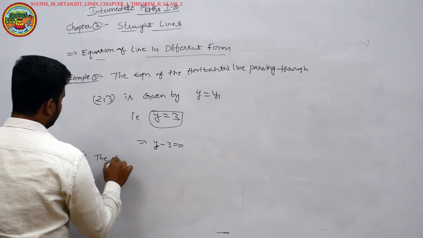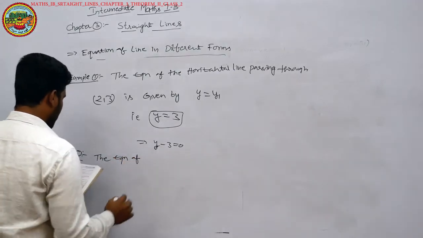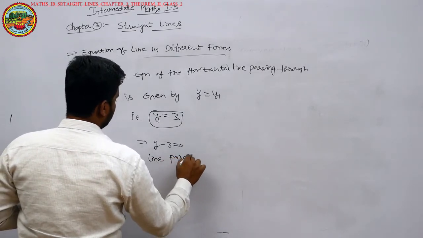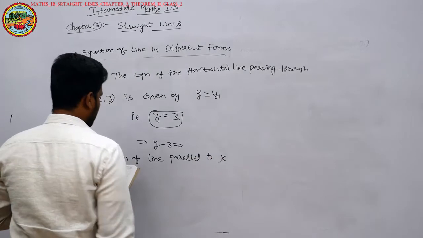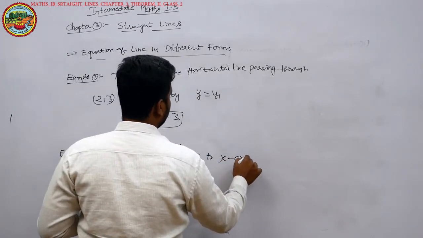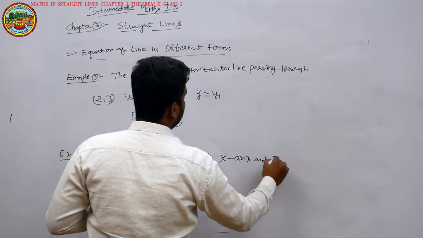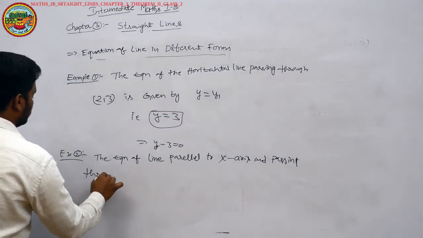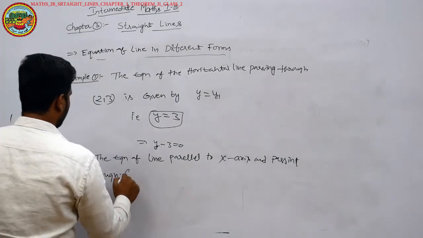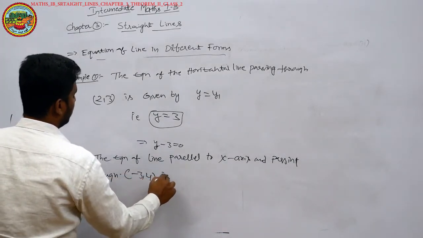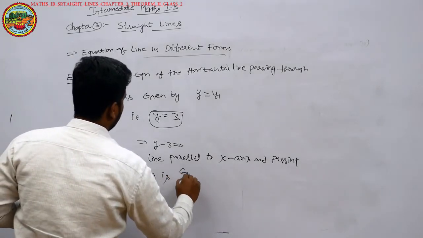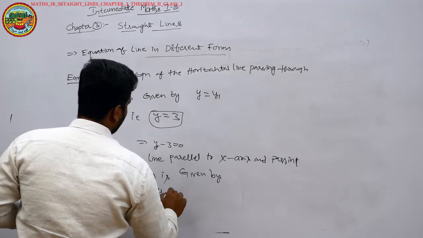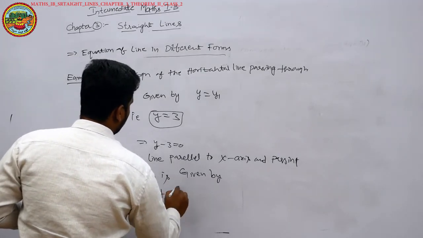Example number 2. The equation of the line parallel to x-axis and passing through minus 3, 4 is given by y is equal to y1.